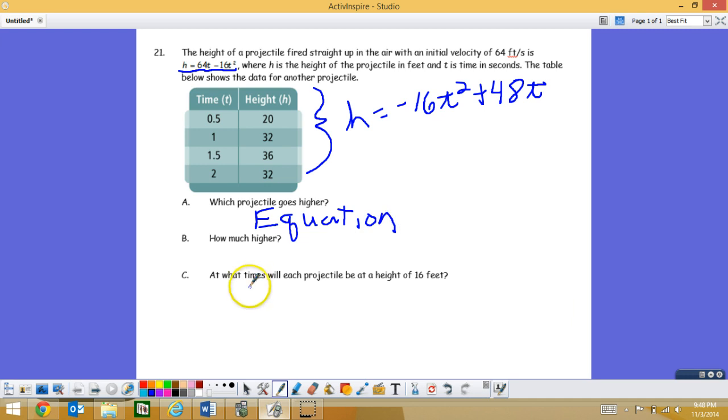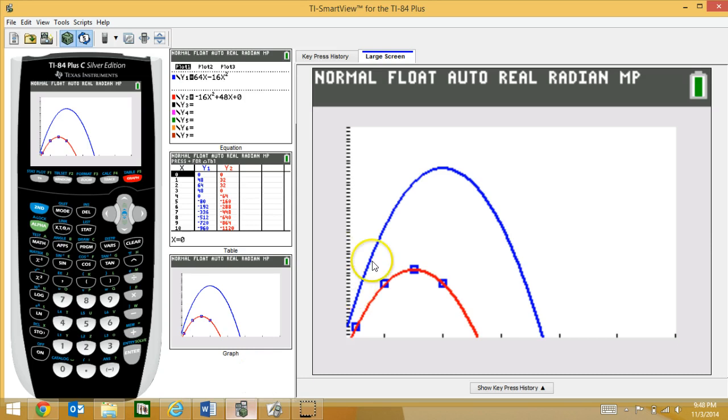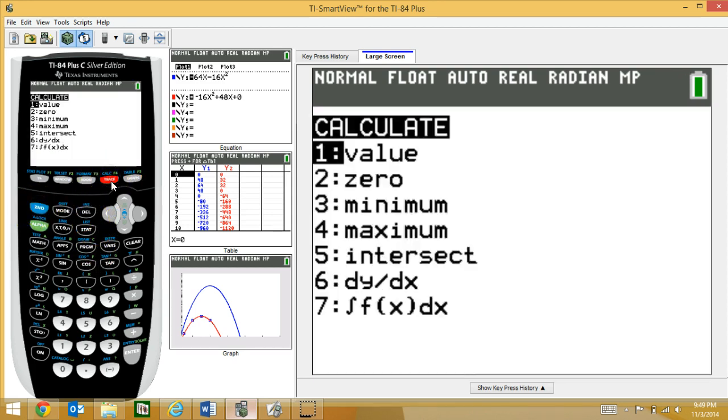So how much higher? Well, let's calculate each maximum. So for the equation, the projectile in the equation, that's a blue line. And then we're going to also do the red line. So let's calculate the maximum of the blue graph first.